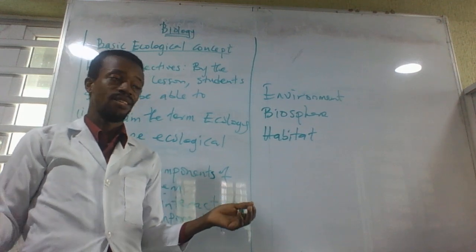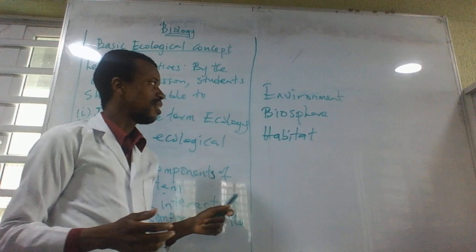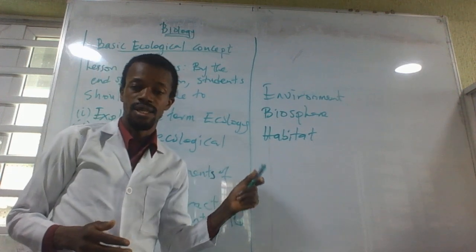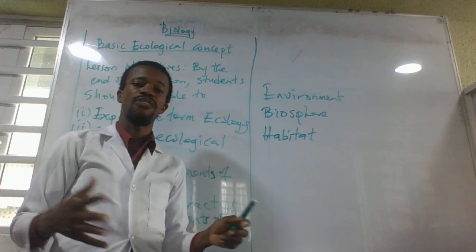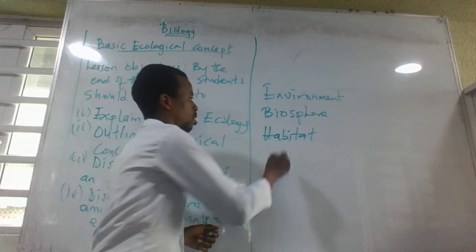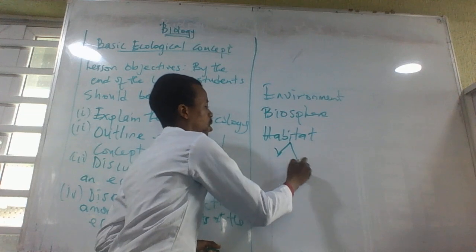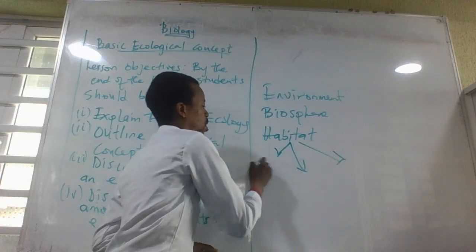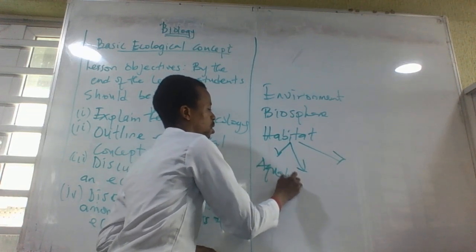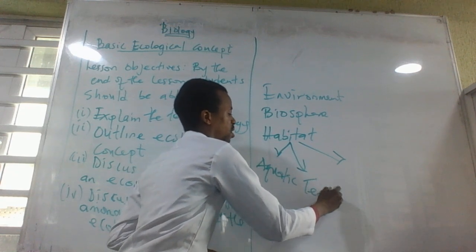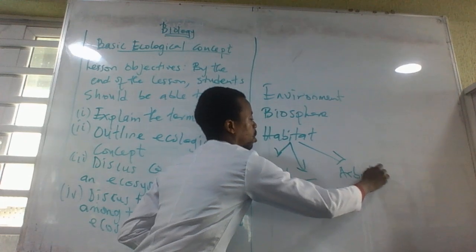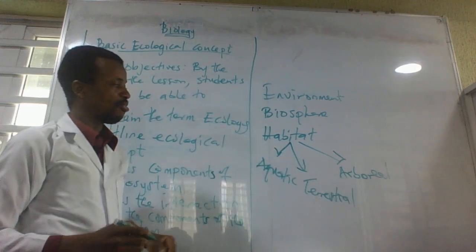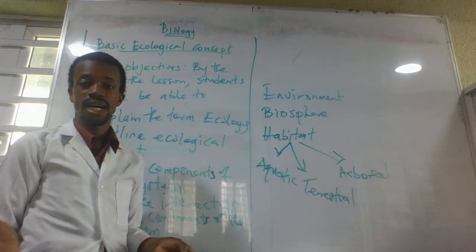So, habitat is always affected by the environment, as we said earlier, and the habitat can be divided into three parts, which are basically the aquatic, the terrestrial, and the arboreal. Aquatic is where you find your fish, your water animals.